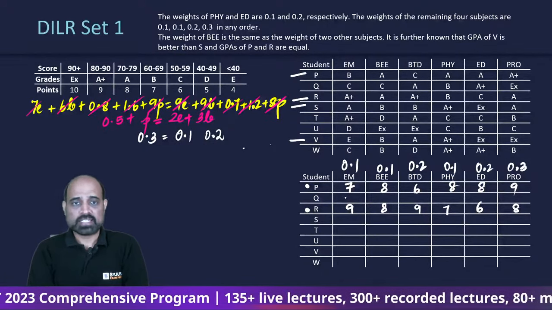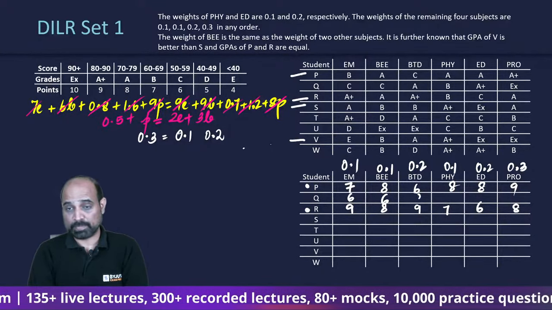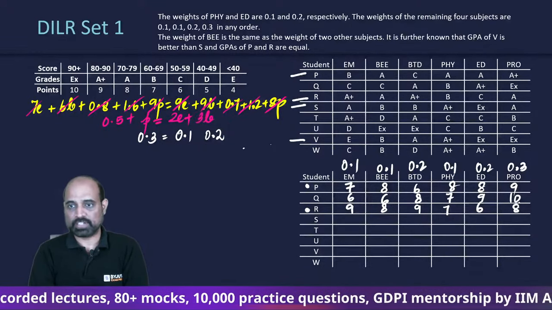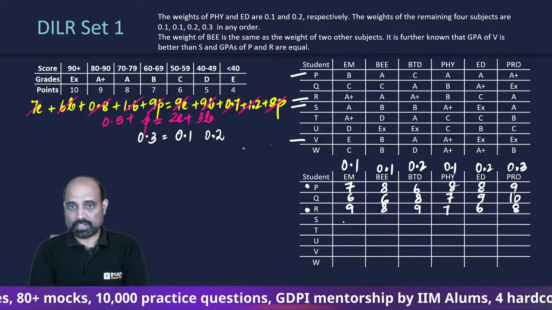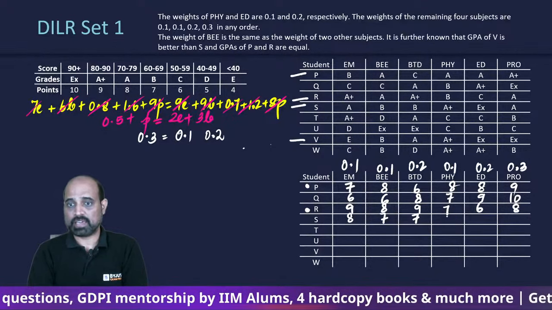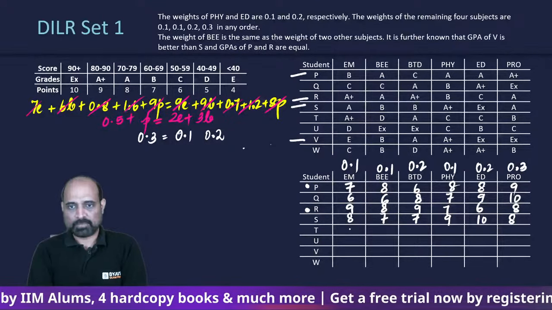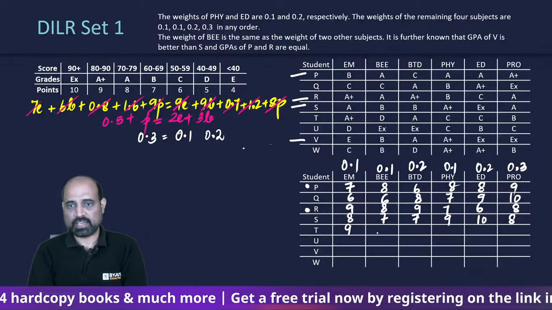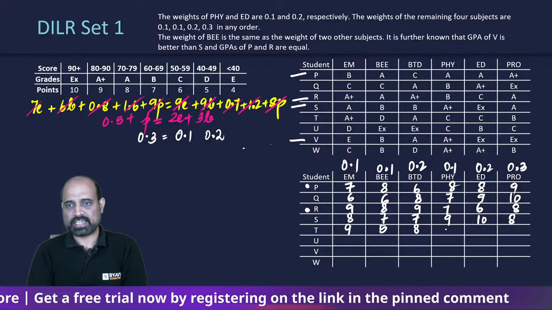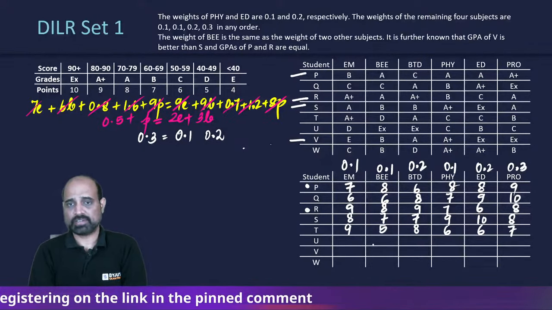For Q, C would stand for 6, C would stand for 6, A would stand for 8. Let's be careful. B stands for 7, A plus for 9, and EX for 10. Then for student S, A is going to be 8, B is going to be 7, A plus is 9, EX is 10, A is 8. Now we will not make mistakes. A plus as 9, D as 5, A as 8, C as 6, C as 6, and B as 7.